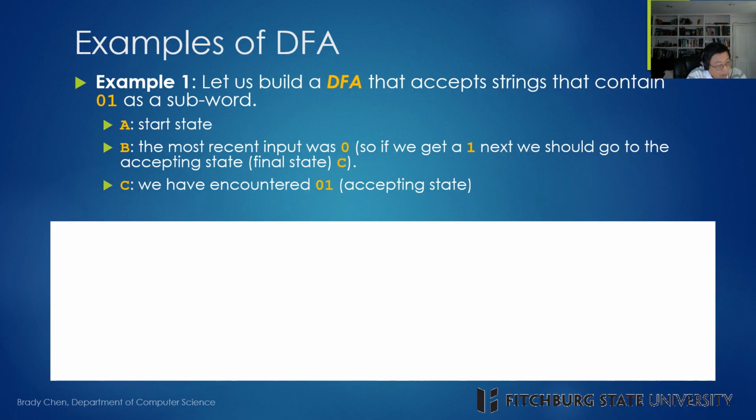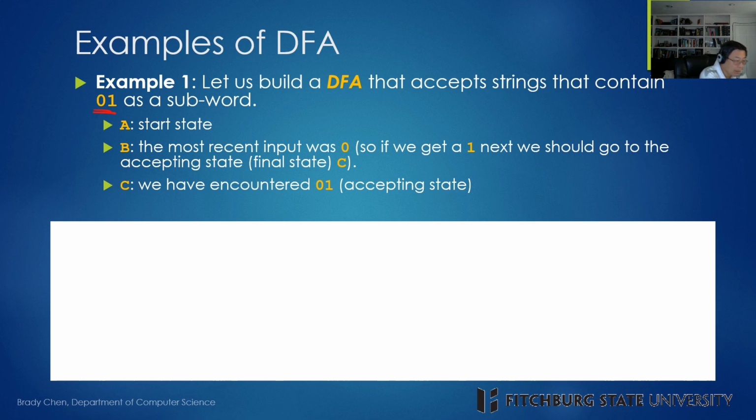So let's take a look at an example. Let's build a DFA that accepts strings that contain 0, 1 as a subword. So we want to build a finite automata that accepts strings that contain 0 and 1 as a subword.